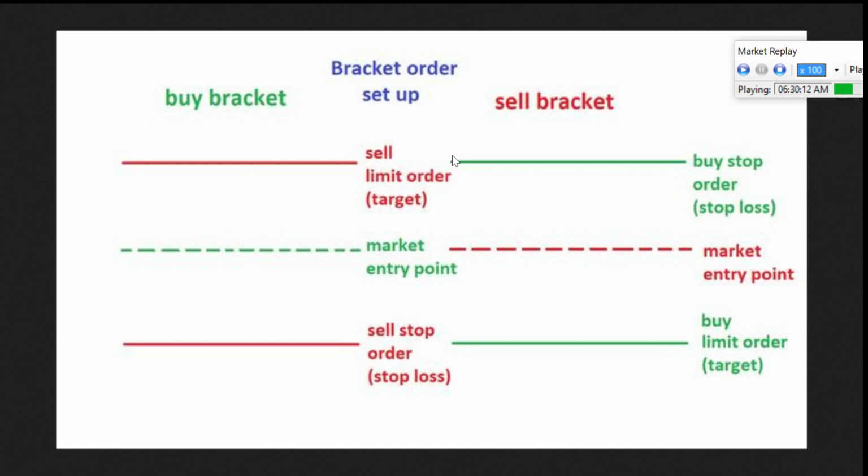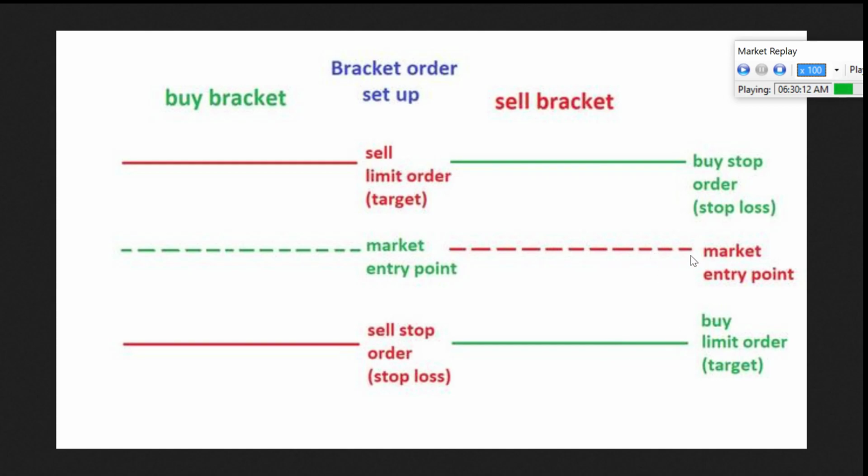The sell bracket is the same thing in reverse. This is for short trades. If you were to go short at the market entry point, the software automatically enters a buy stop as your stop loss, and a limit order is your target. So this would be the profit area.